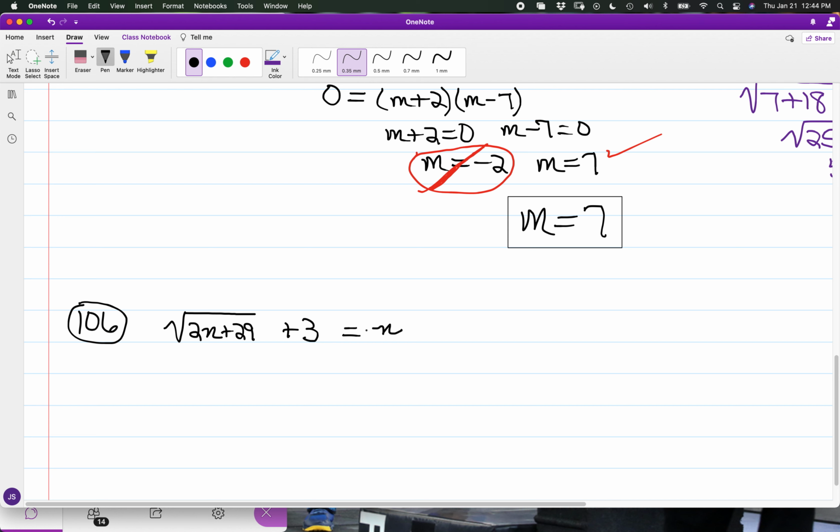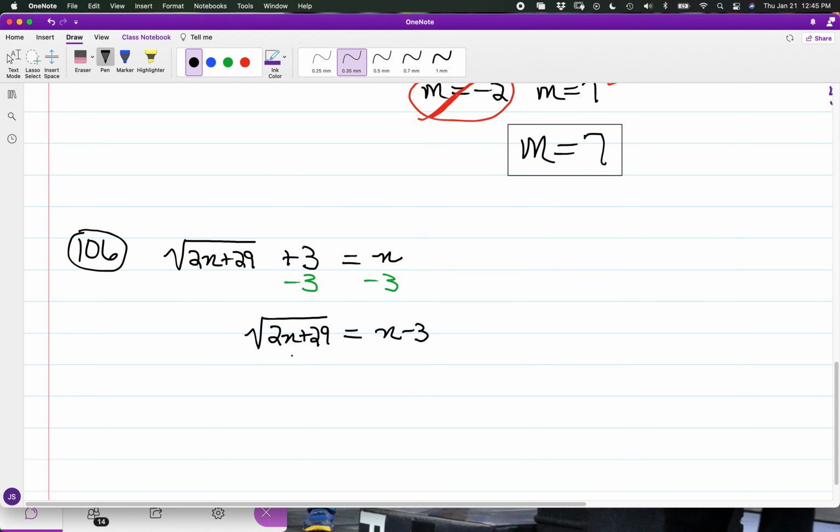Like m just moments ago, n appears twice, and we have a single radical term. If I isolate the square root of 2n plus 29, I'm looking at subtracting 3 from both sides. So we have the square root of 2n plus 29 is equal to n minus 3.